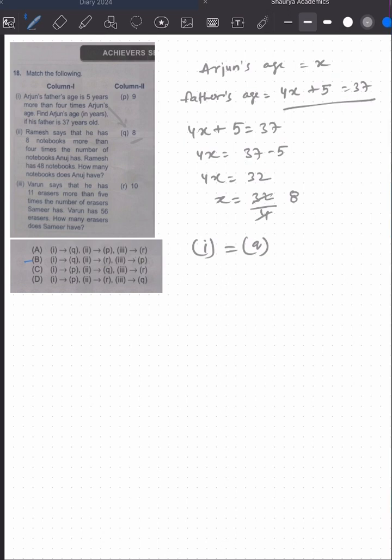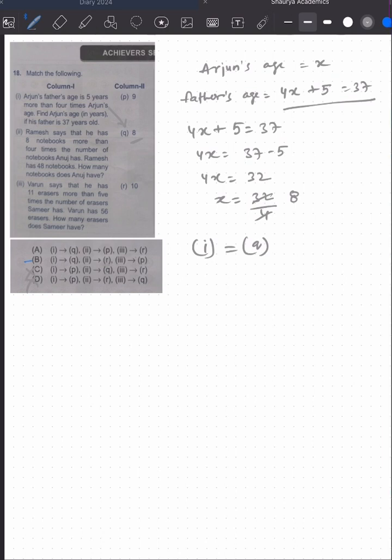Alright, let's solve the second one. So 1 is matching Q, where? In option A, option B. So C cannot be the answer, D cannot be the answer. Now let's look at the second one. Ramesh says that he has 8 notebooks more than 4 times the number of notebooks Anuj has. How many notebooks does Anuj have?